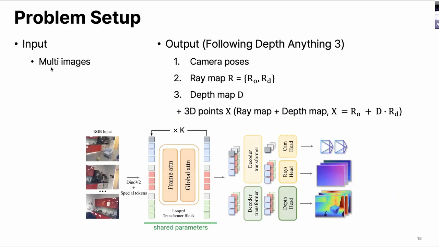The input is a set of multiple images, and the model outputs camera poses, ray map, and depth maps. And actually, this problem setup just follows the prior work Depth Anything 3. Let me introduce the loop transformer block in detail.